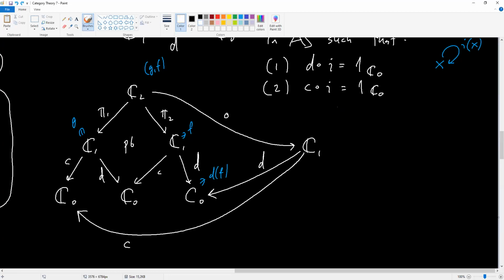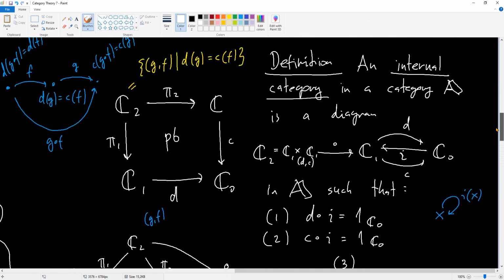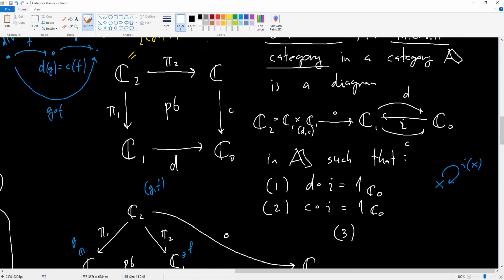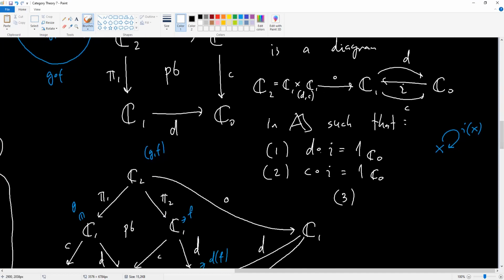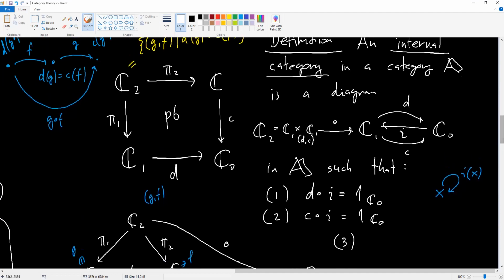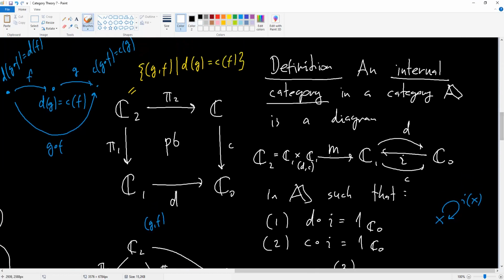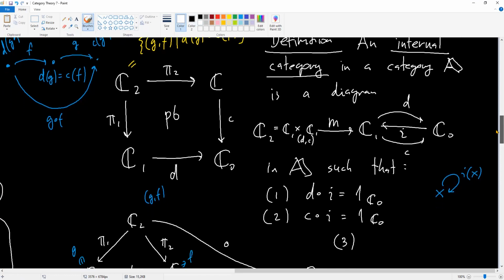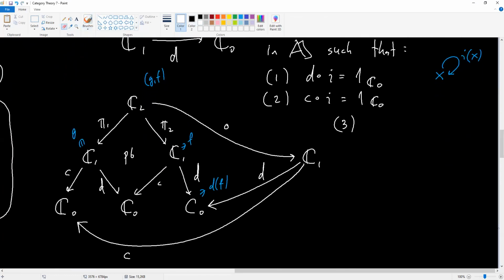So number 3 says that, maybe I should not use circle here because it will confuse me with the composition of arrows in the category A. So let me call it something else. Let me call it M for multiplication. So I'm going to write my composition inside this internal category as M. And then I have M here as well.